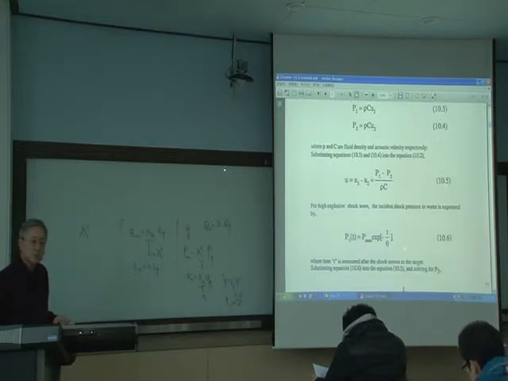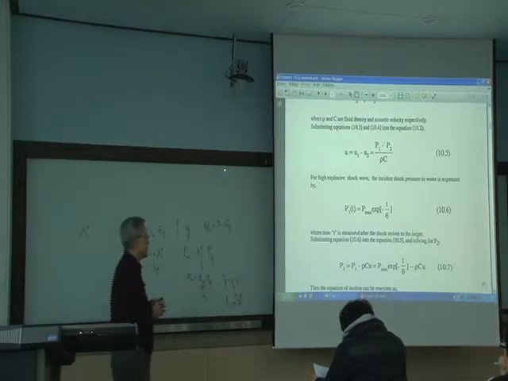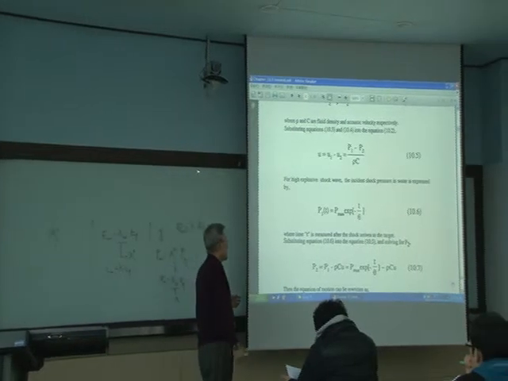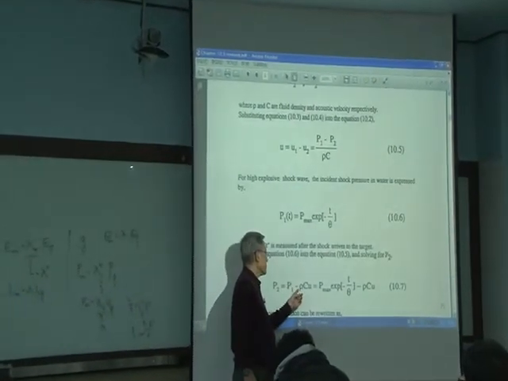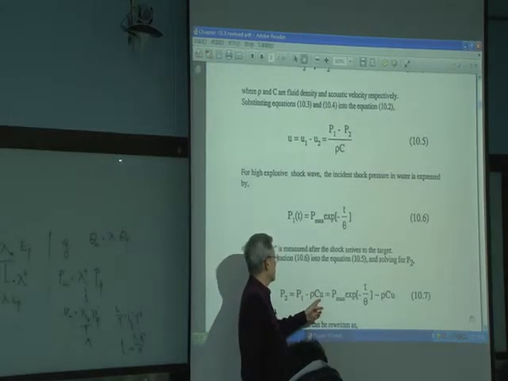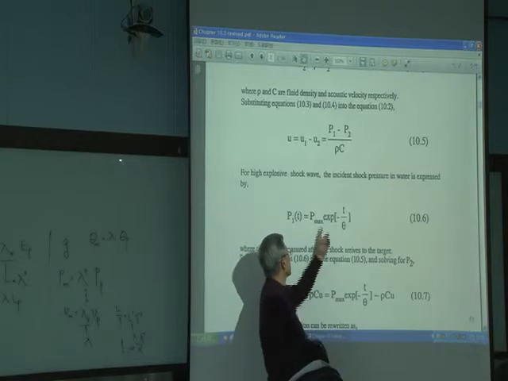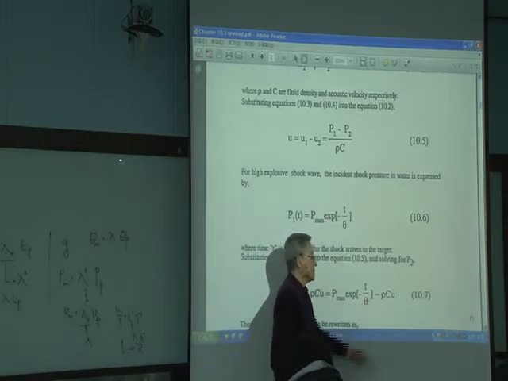That's the incident shock wave. From this equation, P2 can be expressed as P1 minus rho C U.